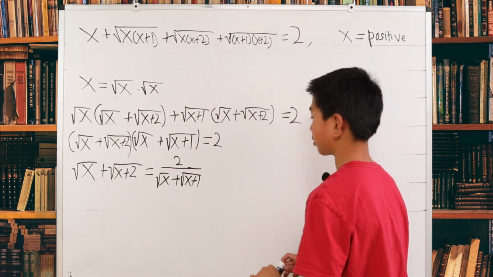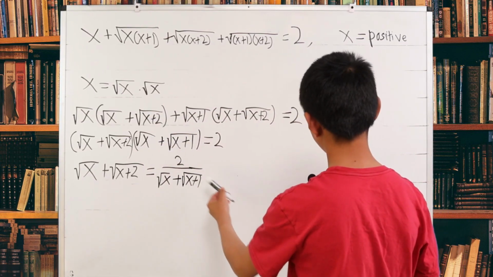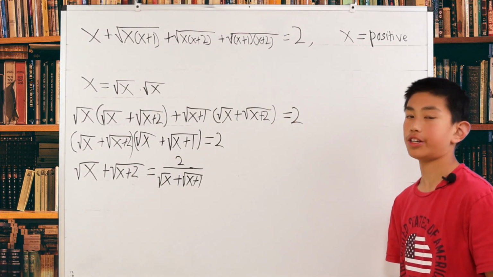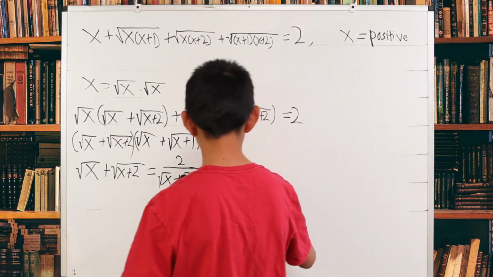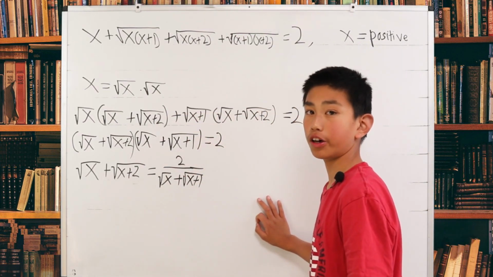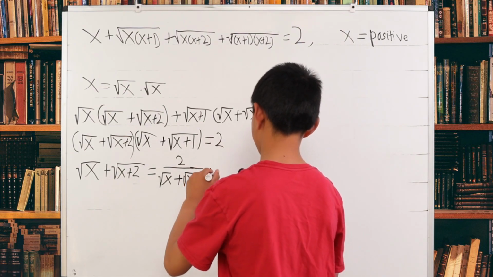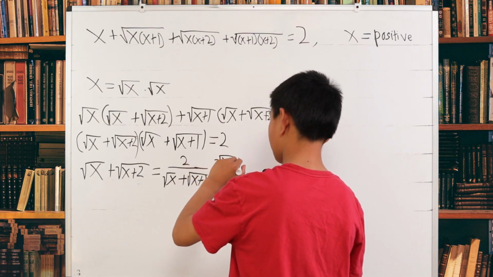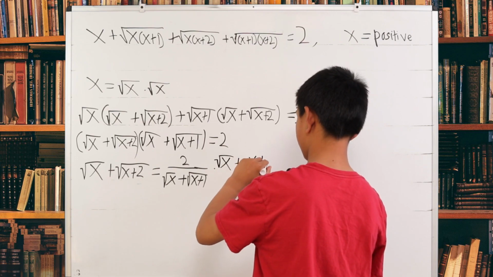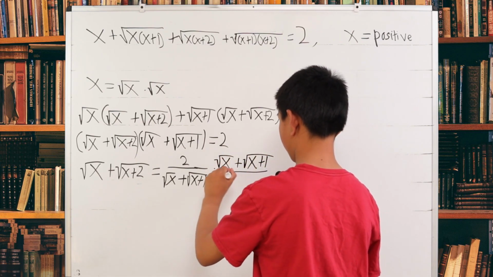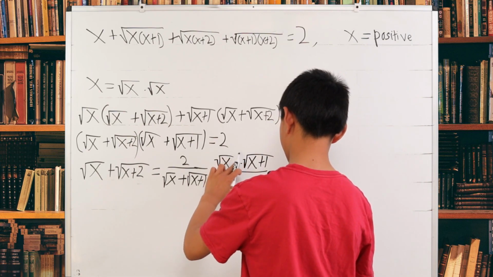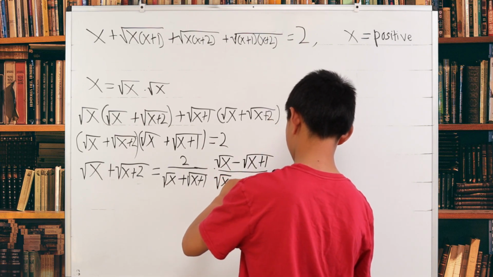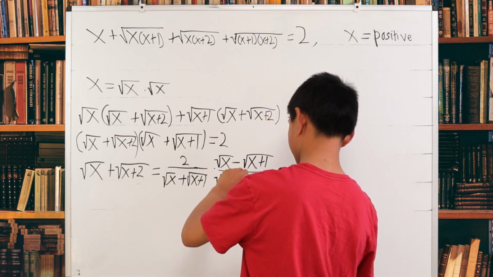We also see something here. Now the square roots are on the bottom. So we can get rid of the square roots and not change the value at the same time by applying the a plus b times a minus b formula. We have an a plus b here, so our a minus b is going to be the square root of x minus the square root of x plus 1, over the same thing.